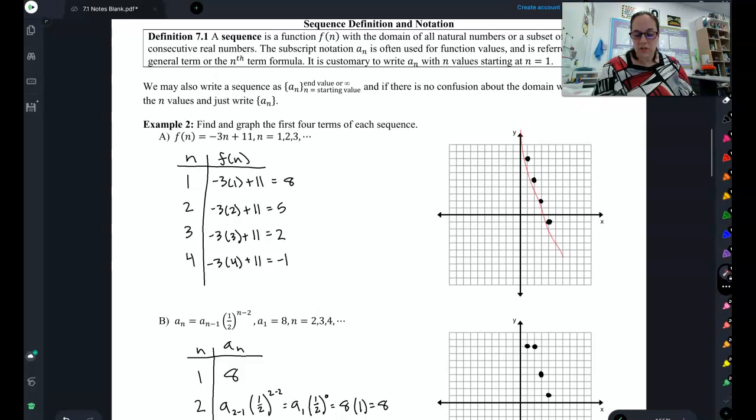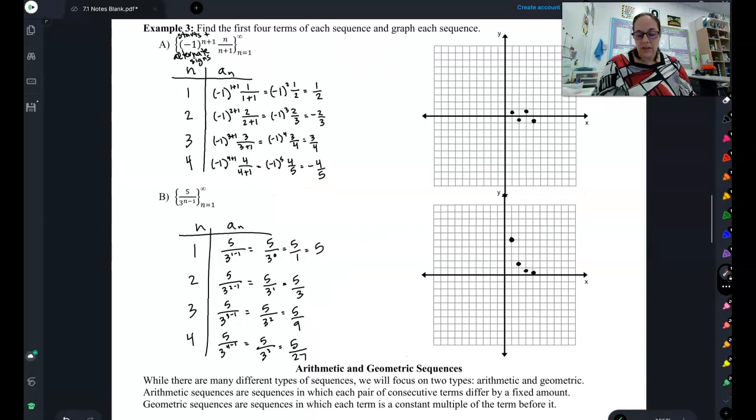So this one, when it's a straight line, it happens when we're adding or subtracting the same number over and over again to get the next number. When it looks like an exponential graph, that means we're multiplying by the same number over and over to get the next number. So you'll notice here we're multiplying by 1/3 to get to the next number. And that gives you that exponential curve.